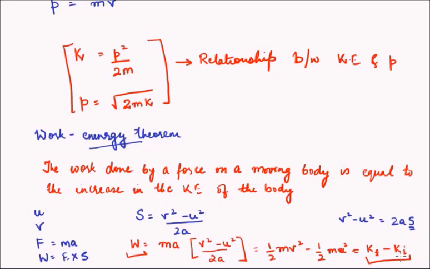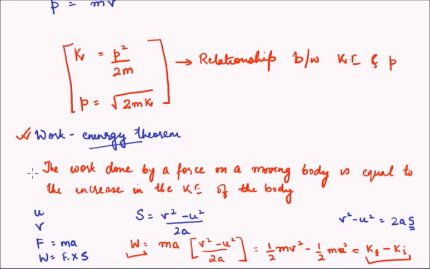We understand that the change of the kinetic energy of a body is due to the work done by a force on the body. And this work energy theorem's statement will be used while solving a lot of numericals. So this work energy theorem is a very important take-home concept from our lecture today.